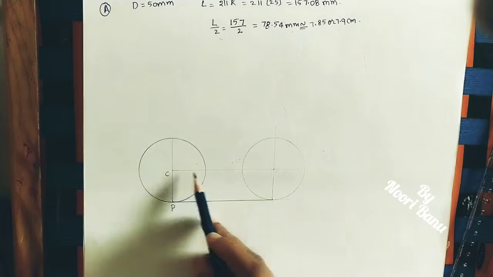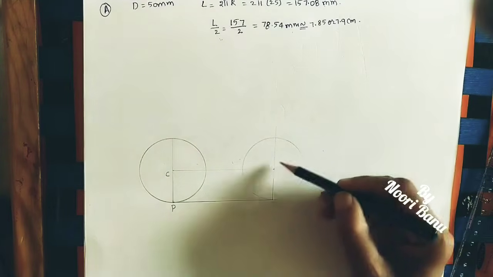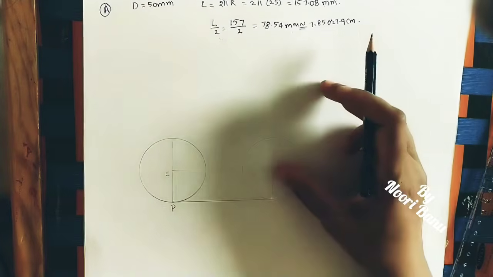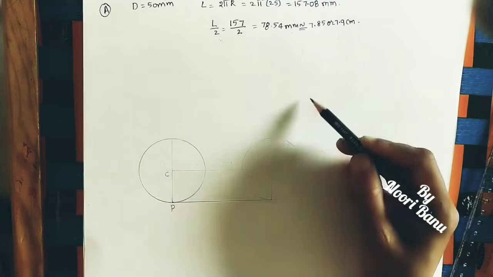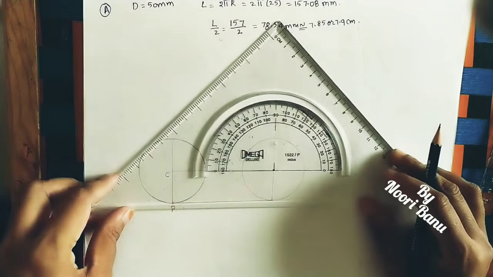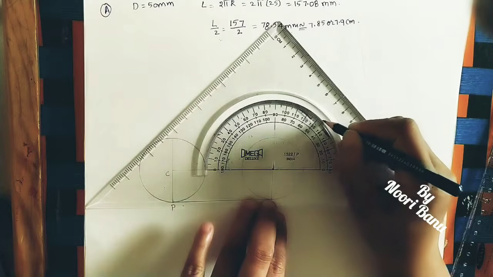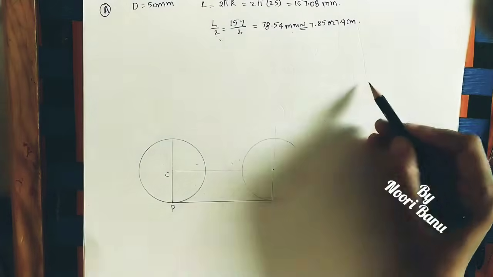Now from this center to this center it is moving half revolution horizontally. The remaining half, from this center to the last center, is the remaining half length it is moving. This upward line is tilting 45 degrees. So at the center take the 45 degrees line. Join this point to this point. It is a center line.